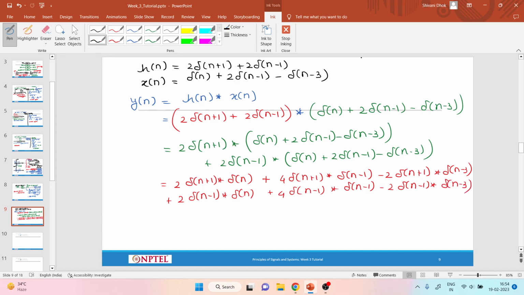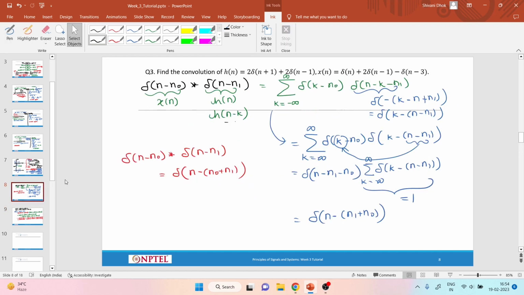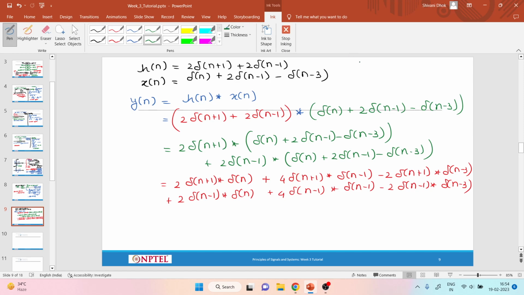Now in the previous part we have obtained this result. That is, if I am having two impulses, delta n minus n naught convolved with delta of n minus n1, what I'll get is delta of n minus n naught plus n1. So I'll use the same formula here.